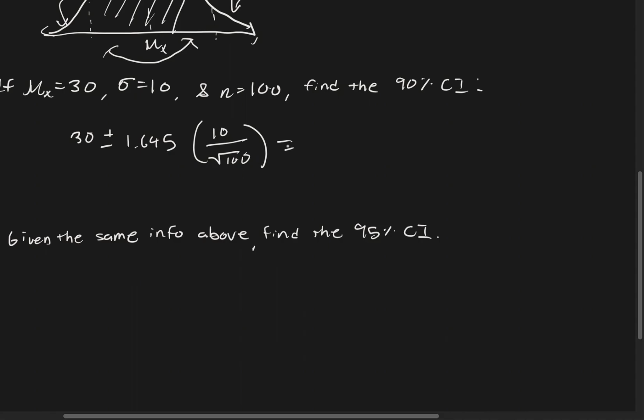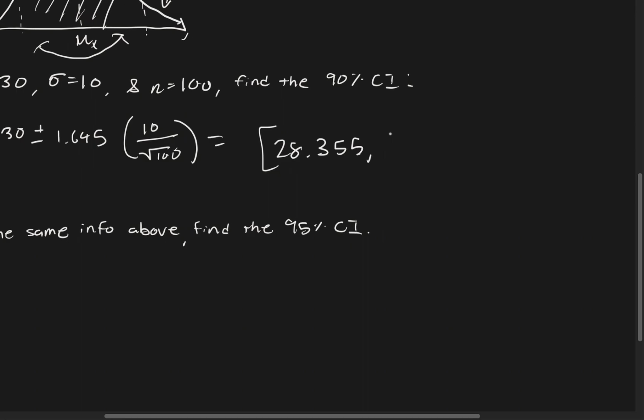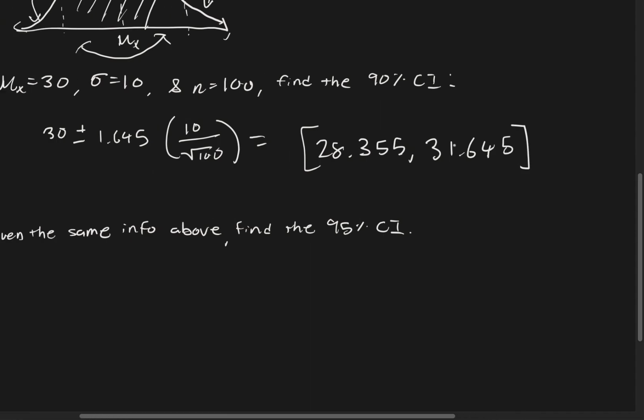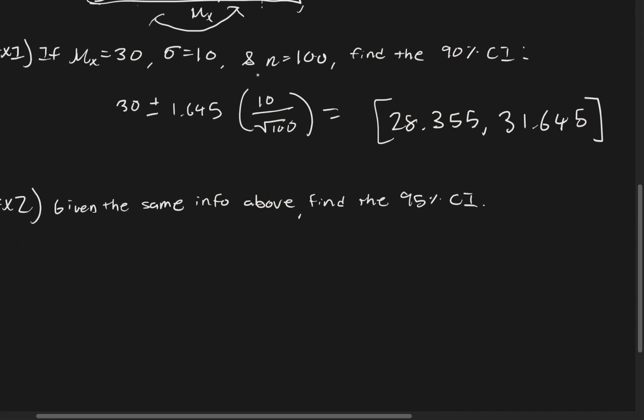So it's just 30 plus or minus 1.645. So that interval will be 28.355 minimum to 31.645. Okay, so that is our 90% confidence interval given these statistics.